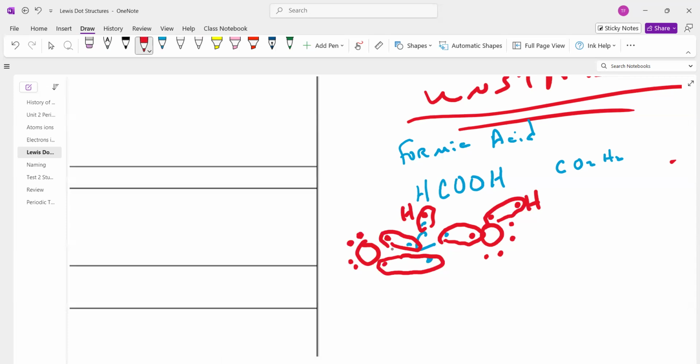And this is what formic acid looks like. So we've got carbon in the middle. We've got a double bonded O. We've got an H. Single bonded O. Okay, so that's what formic acid looks like.